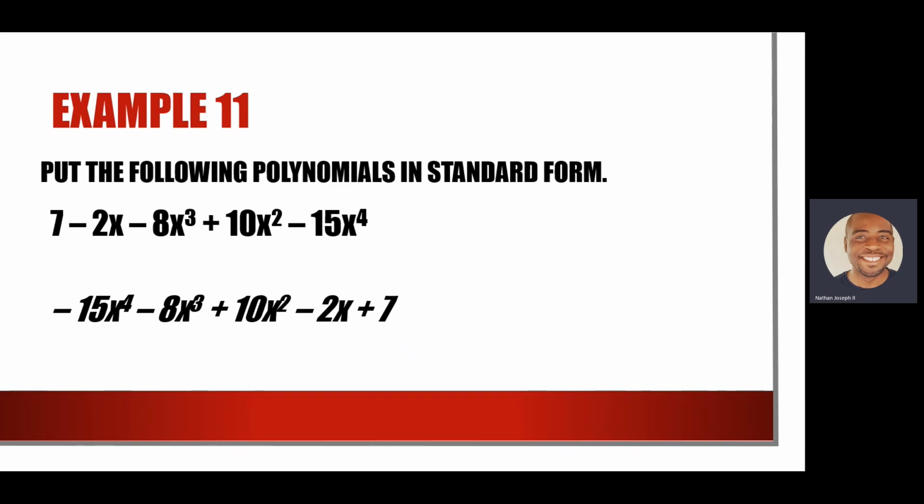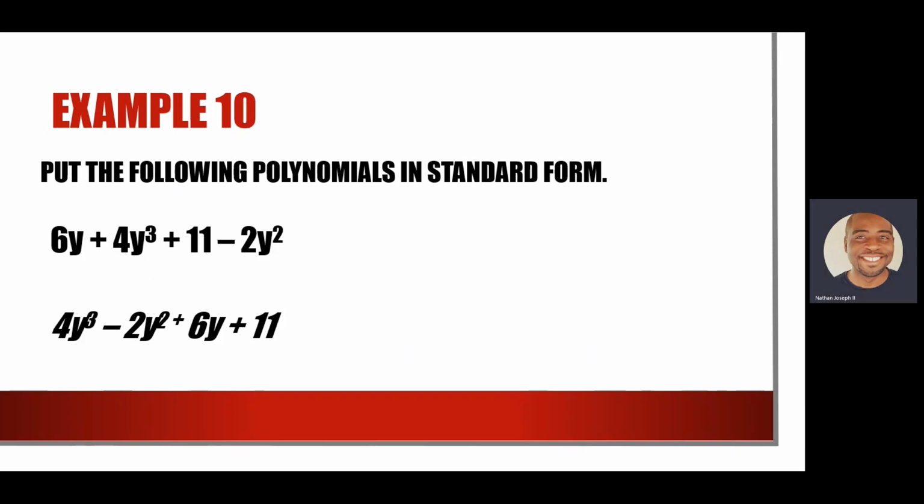Now that it's arranged in standard form, what's the degree of this polynomial? It is 4, because that's the greatest exponent. Looking at example 10, what's the degree of this polynomial expression? It is 3, because that is the greatest exponent present in the expression.